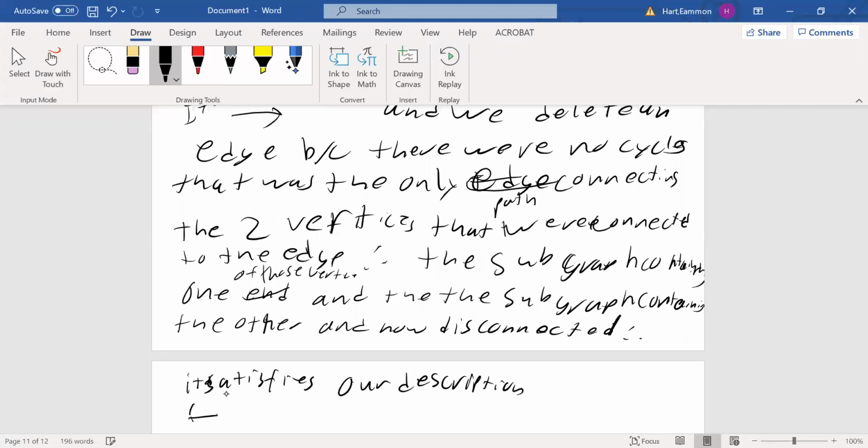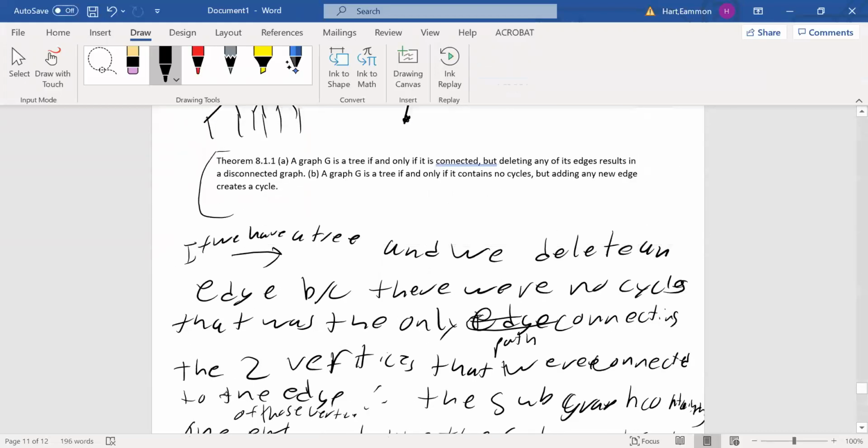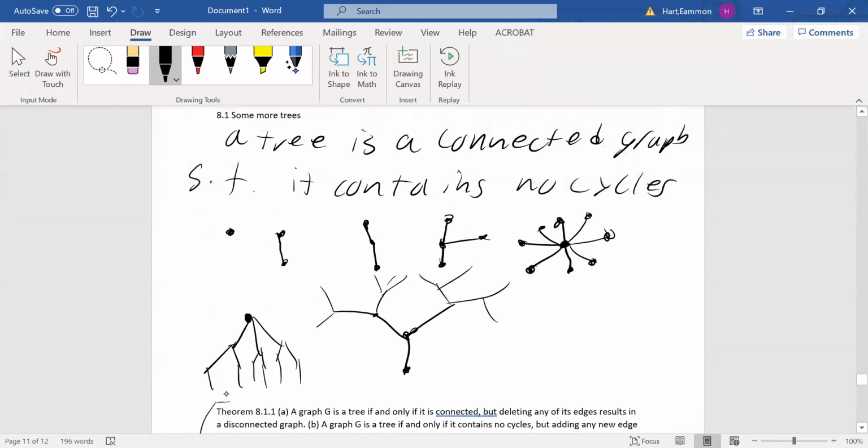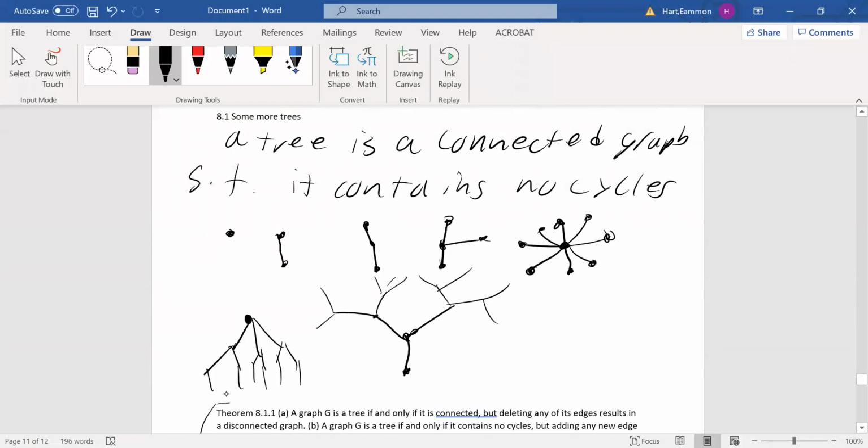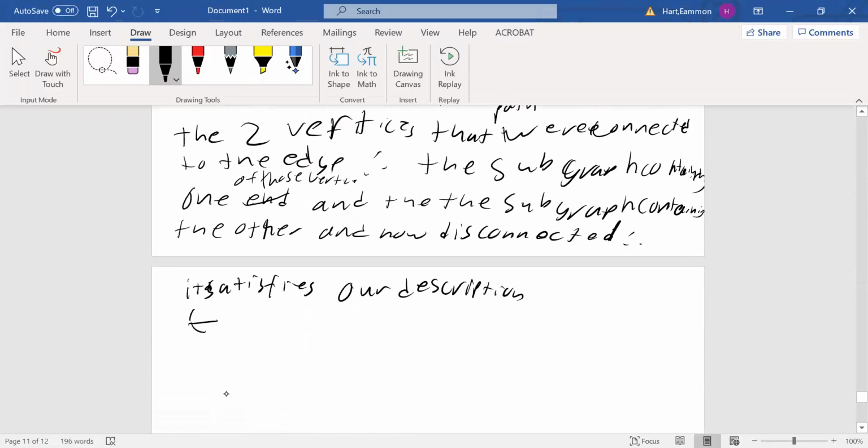So now we want to prove the other direction for A here. So we're doing A right now. So now we're looking at a connected graph such that deleting any of its edges produces a disconnected graph. And we want to show that that implies that it is a tree, satisfying this definition up here.